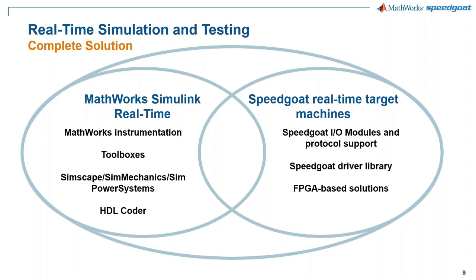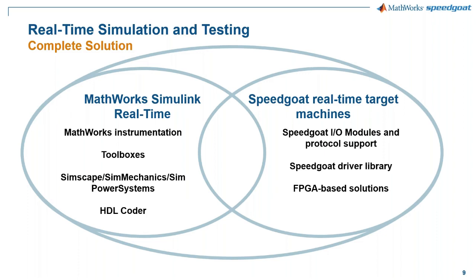And these models can work seamlessly with Speedgoat real-time target machines. Speedgoat provides all the different I/O modules and also provides protocol support. They provide the driver libraries for us to integrate with various systems, and they also have FPGA-based solutions.